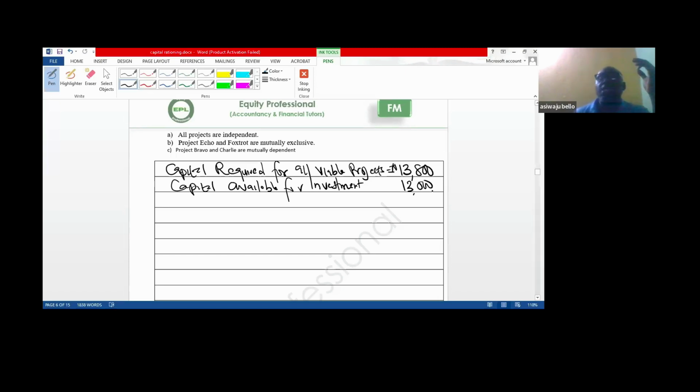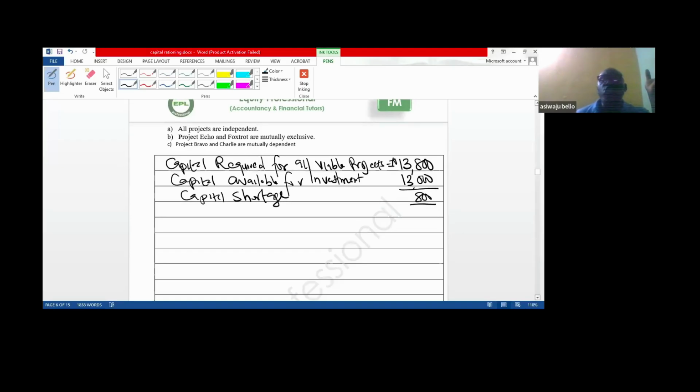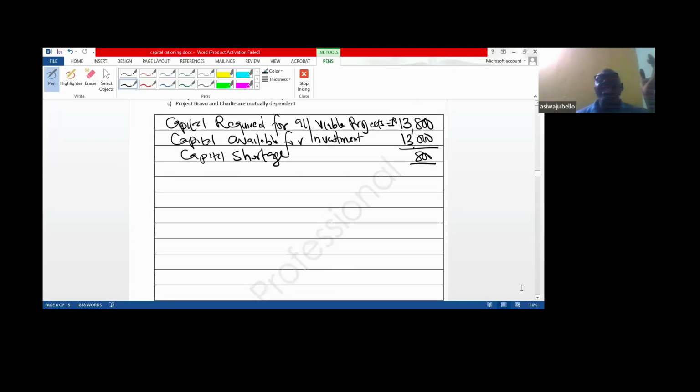In this case, we need to ration our available capital resource. Hence, you must compute your profitability index.